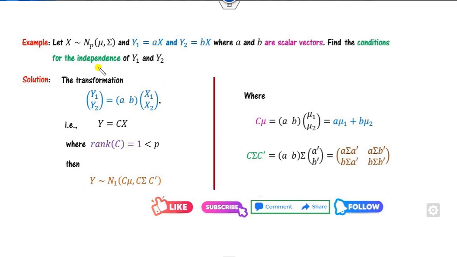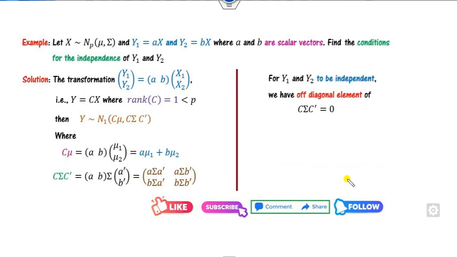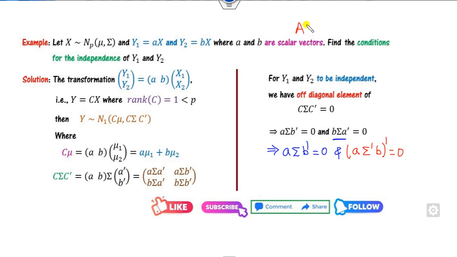Now, what is the condition for independence? That means the off-diagonal entries are 0. That means this value, A sigma B transpose, is 0, and this value is also 0. Fine. Now always remember, I can write this as A sigma transpose B transpose is 0, because we all know AB transpose is B transpose A transpose.